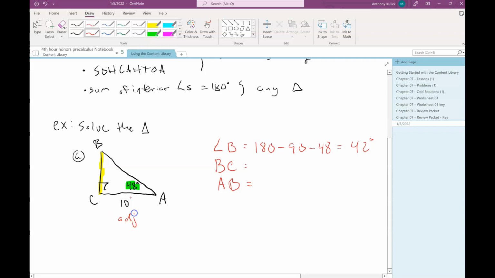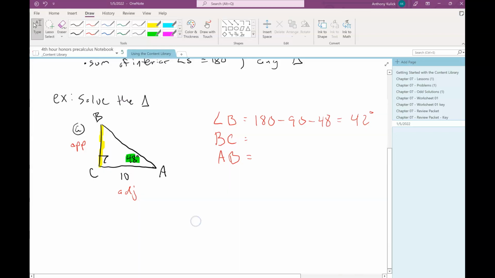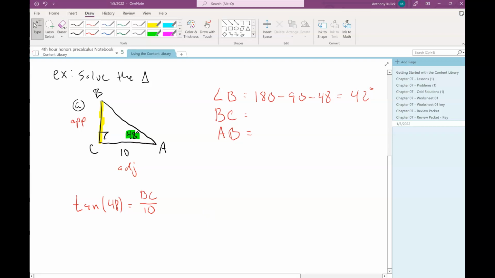Good. And the side BC, the one that we're looking for, is that opposite, adjacent, or hypotenuse? Opposite. So which trig function should I be using here? Okay, good. So I know that tangent of 48 is equal to opposite over adjacent. So to solve for BC, I can just multiply both sides by 10.